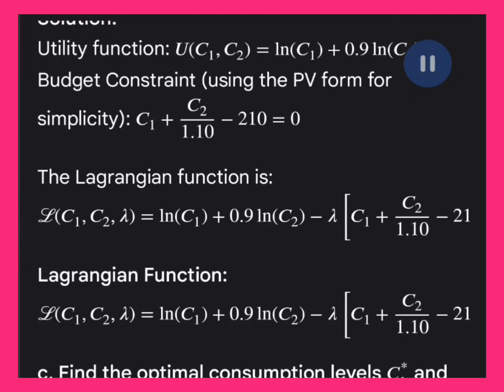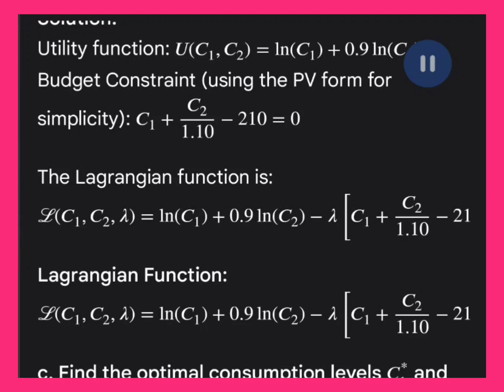The Lagrangian function is L(C_1, C_2, lambda) = ln(C_1) + 0.9 ln(C_2) - lambda(C_1 + C_2/1.10 - 210).